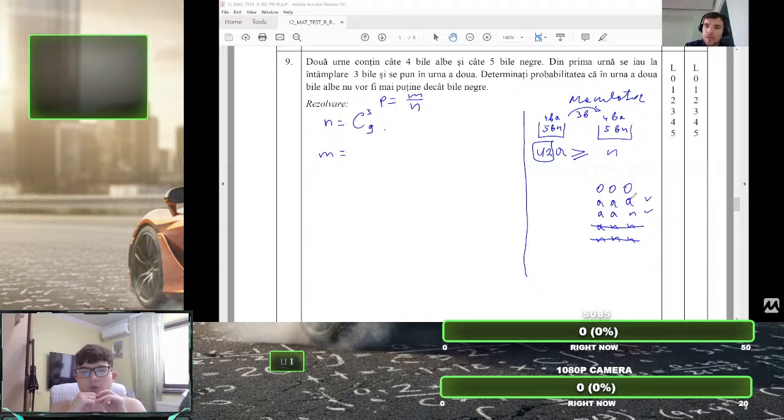In total there will be 12 balls. So out of 12 balls you take 7 white balls. And that is 3 times for the first row.